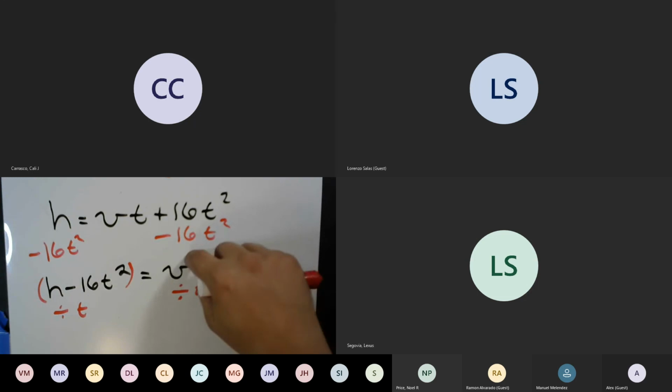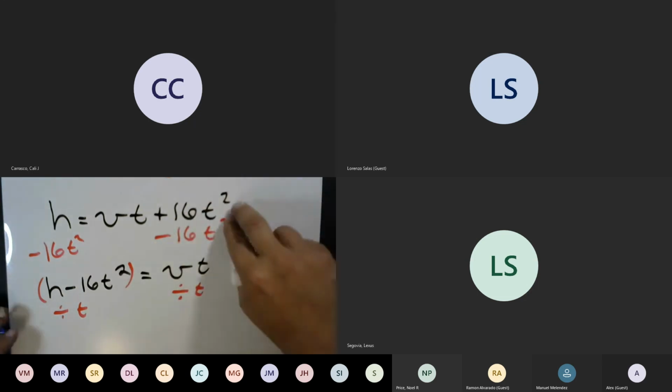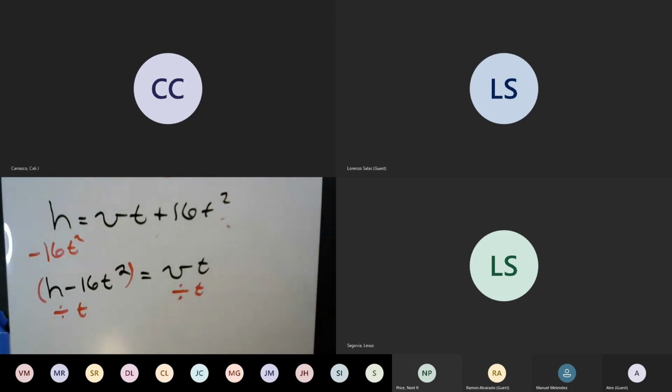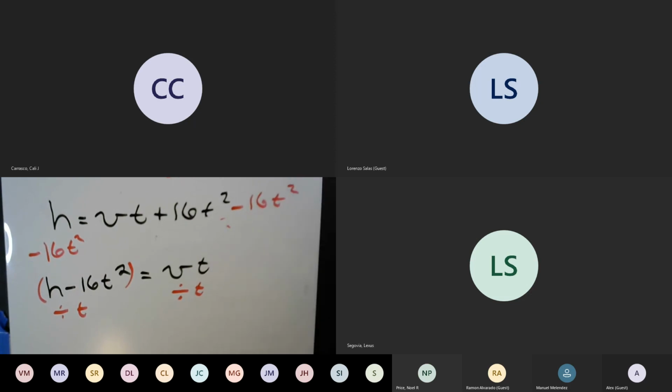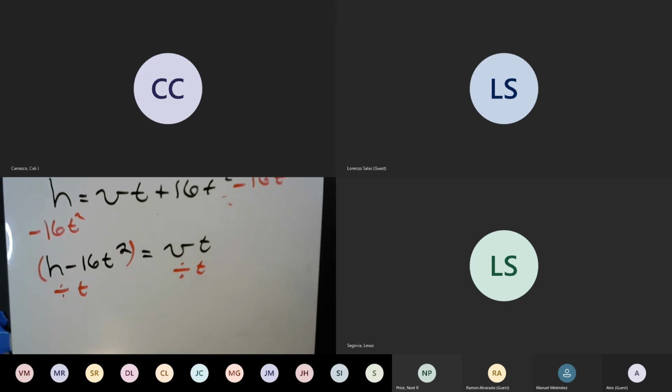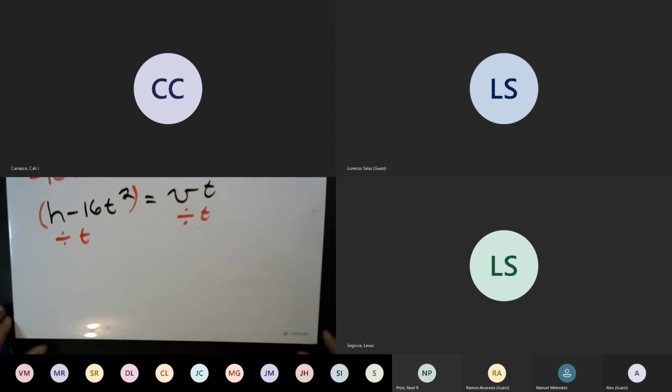It just looks like we're subtracting it from this term. But really, it might be better to write it like this. We're subtracting it from the entire side, but then these are like terms. They're going to combine and cancel. So it always looks like we're subtracting it from one term, but we really aren't. We're really subtracting it from the entire side.